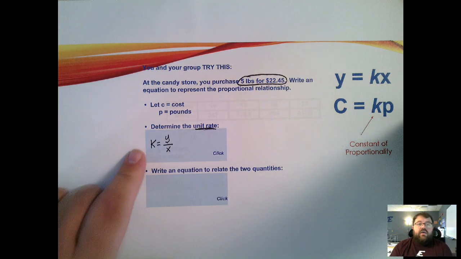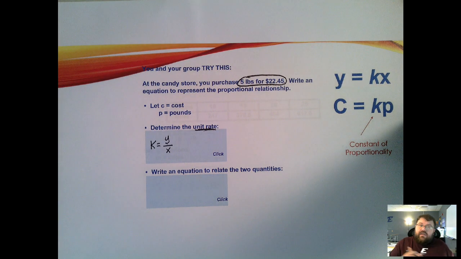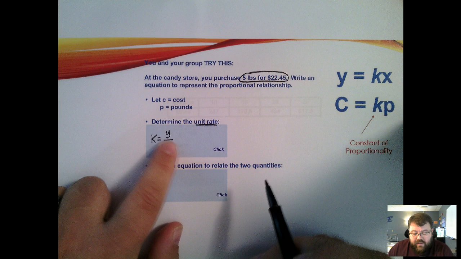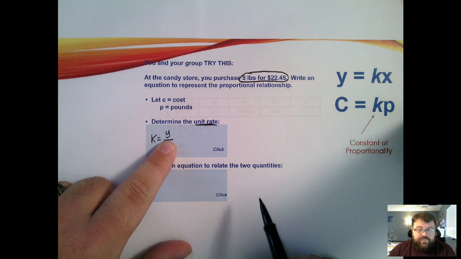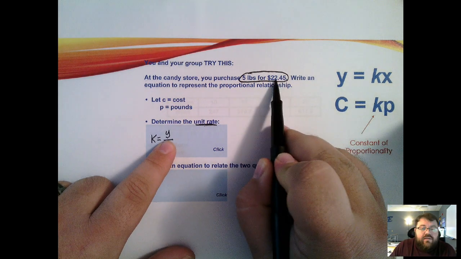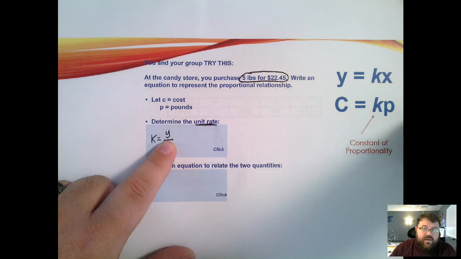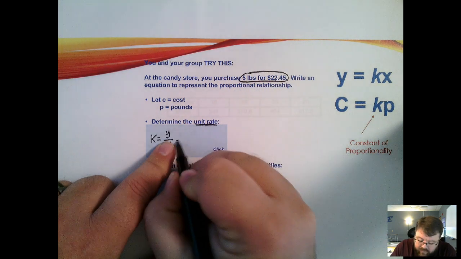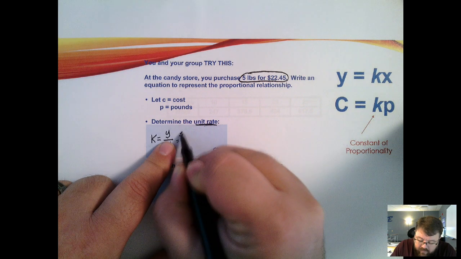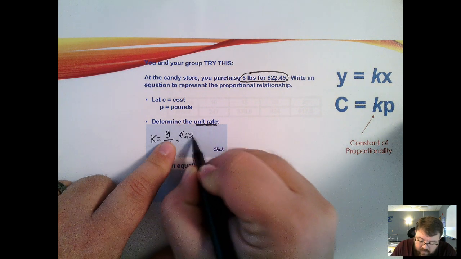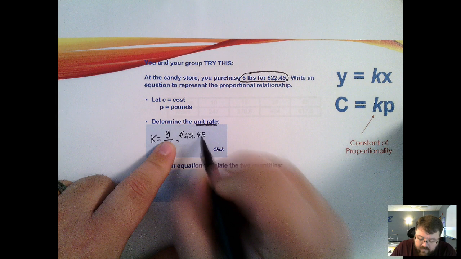Okay? Now, let's go back. Independent versus dependent. So, Y is dependent. The price is dependent on the amount of pounds you buy. So we know that the value of Y is $22.45.